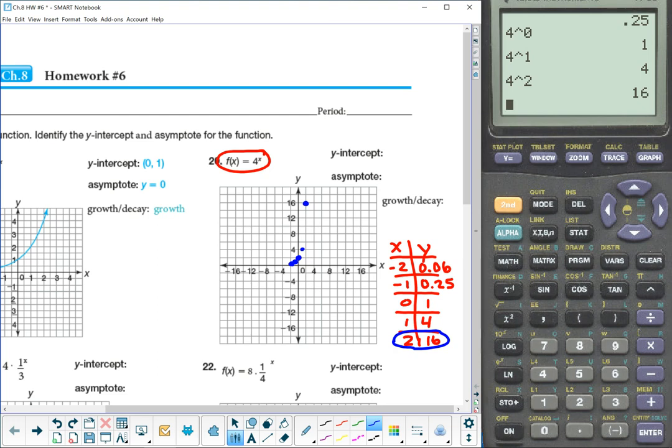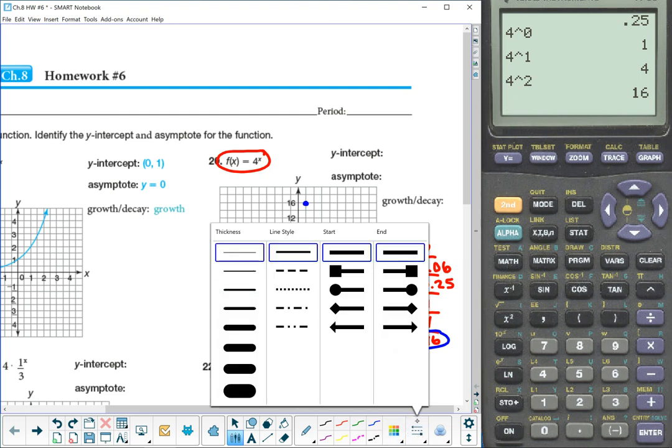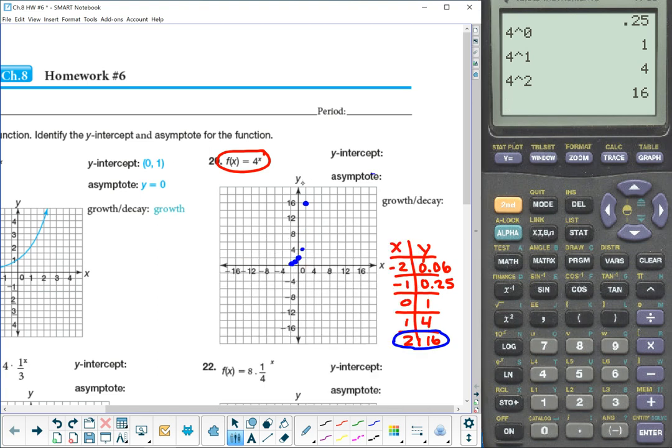So this is how your graph should look. If you're graphing it correctly, you get something like this.